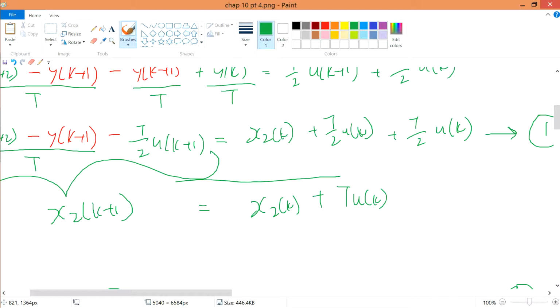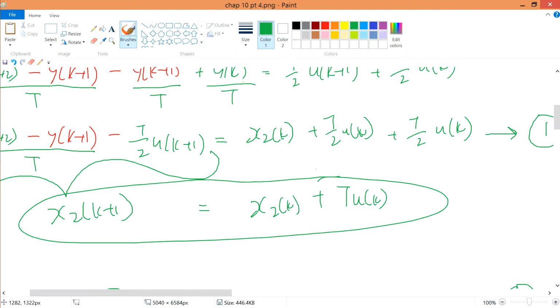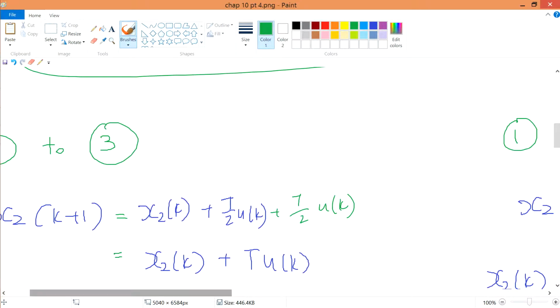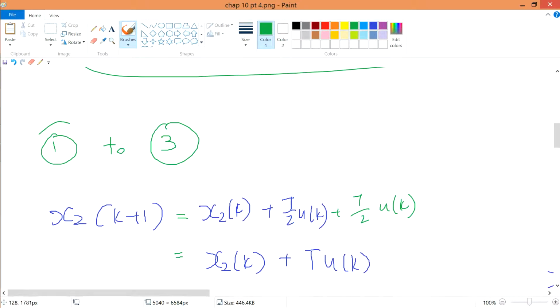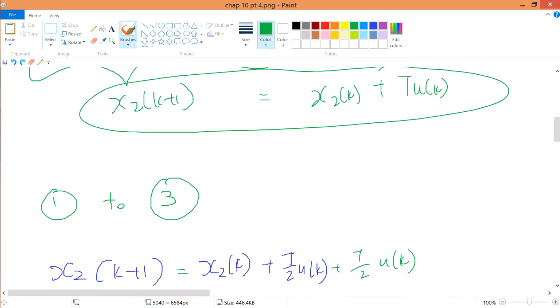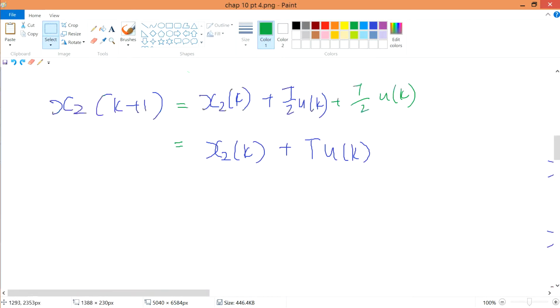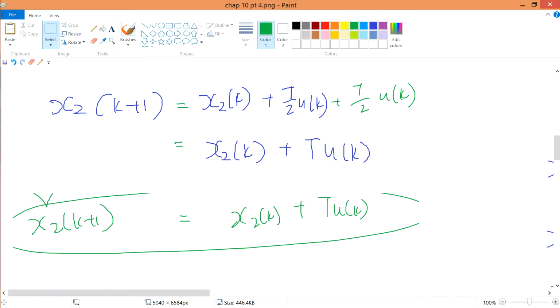You see, so this thing is the one that I will be showing you right now, that is changing from equation 1 to equation 3. So this whole thing, in fact this thing over here, is equation 3. If you don't believe me, I'll just simply bring this down. It's the same.